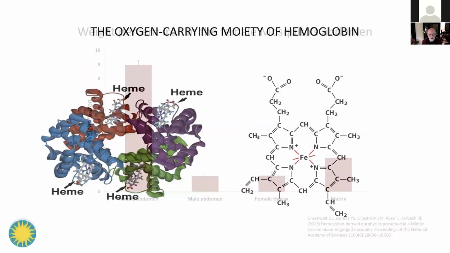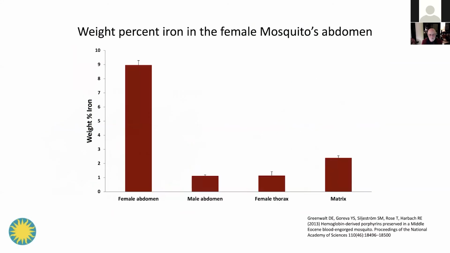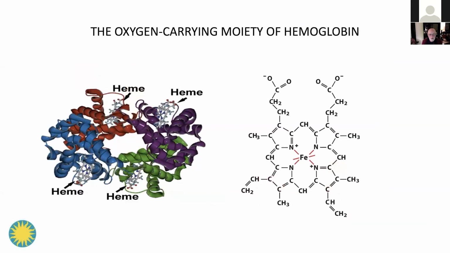We didn't look for DNA or proteins, but we did look for, let me go back here, iron. You remember that hemoglobin contains iron. In fact, iron is responsible and needed for the binding of oxygen.